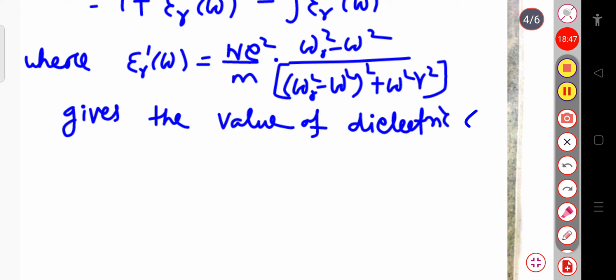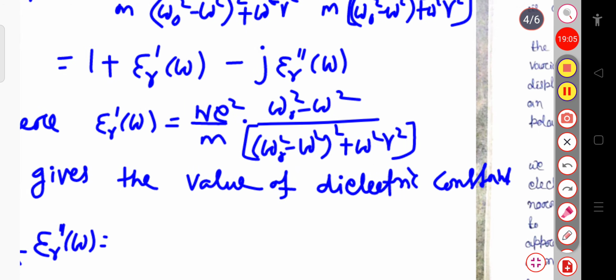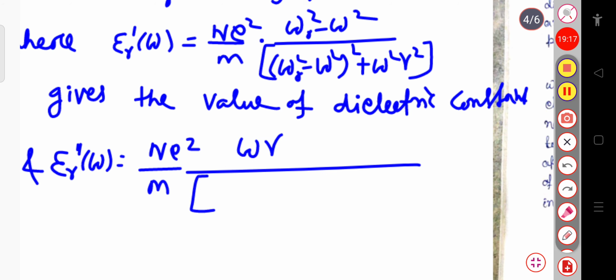Now we will see the next term, epsilon r double prime of omega. From this expression, it will be ne square by m, omega gamma divided by this bracketed term. So it is the same expression, ne square divided by m, multiplied by omega into gamma divided by the bracketed term, omega naught square minus omega square whole square plus omega square gamma square.